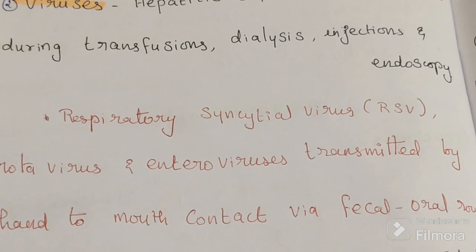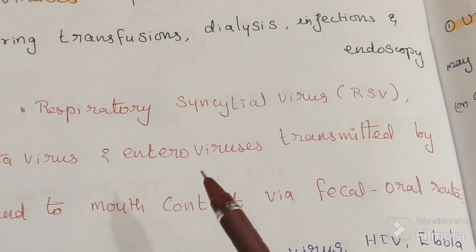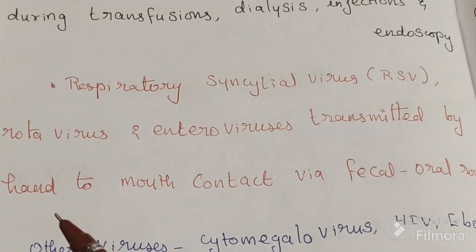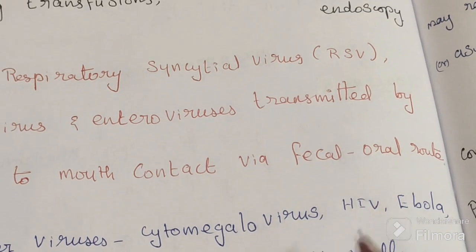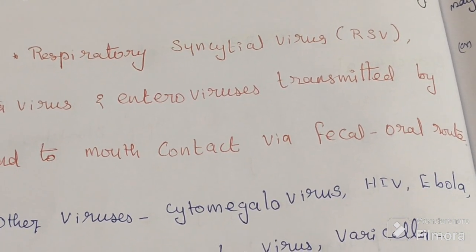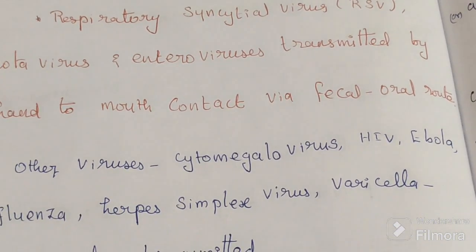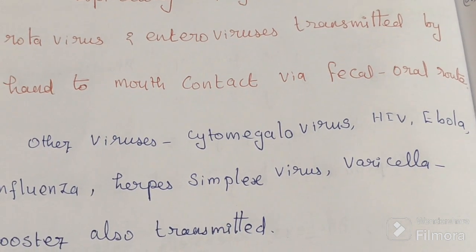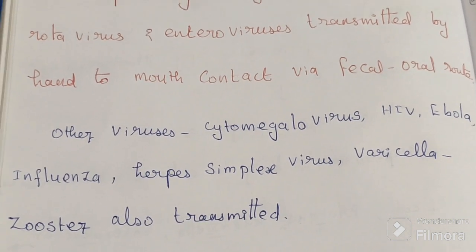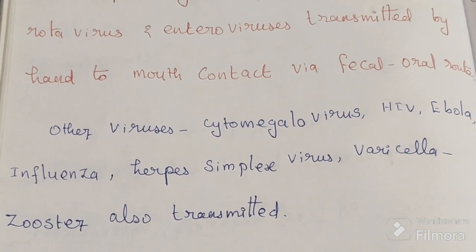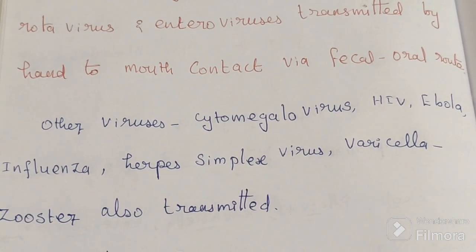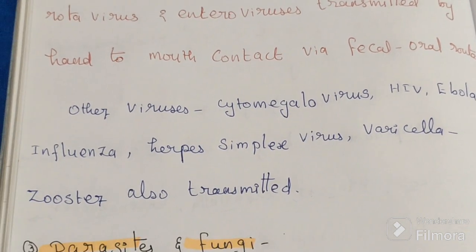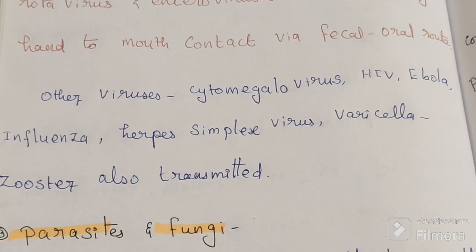So RSV, rotavirus and enterovirus are transmitted by hand to mouth contact via the fecal oral route and also cause hospital acquired infection. Other viruses such as cytomegalovirus, HIV, Ebola, influenza virus, herpes simplex virus, and varicella zoster virus are also transmitted.